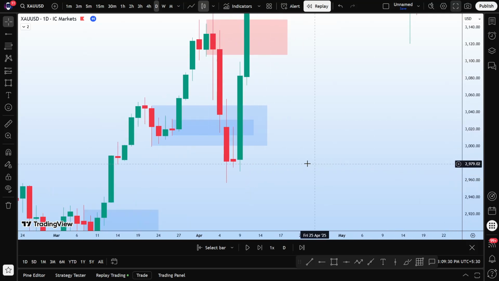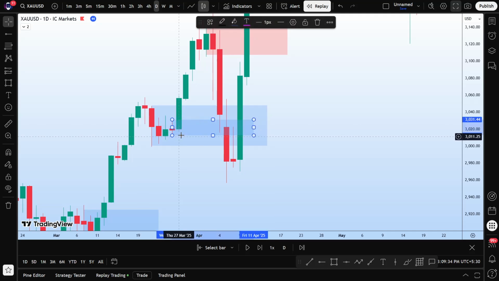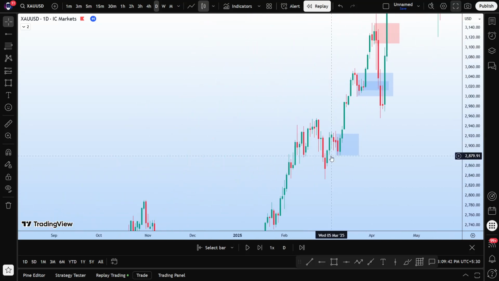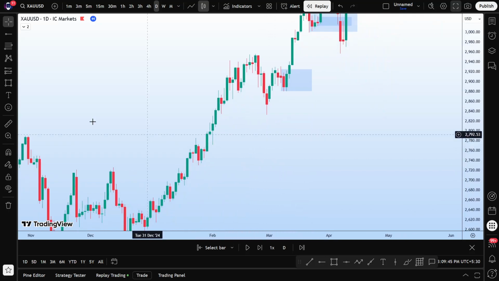But it is not necessary that you have to use this as the zone. You could use the whole range as your demand zone. We will go into that in the later parts, but for now let's understand what is engulfing buy or sell.